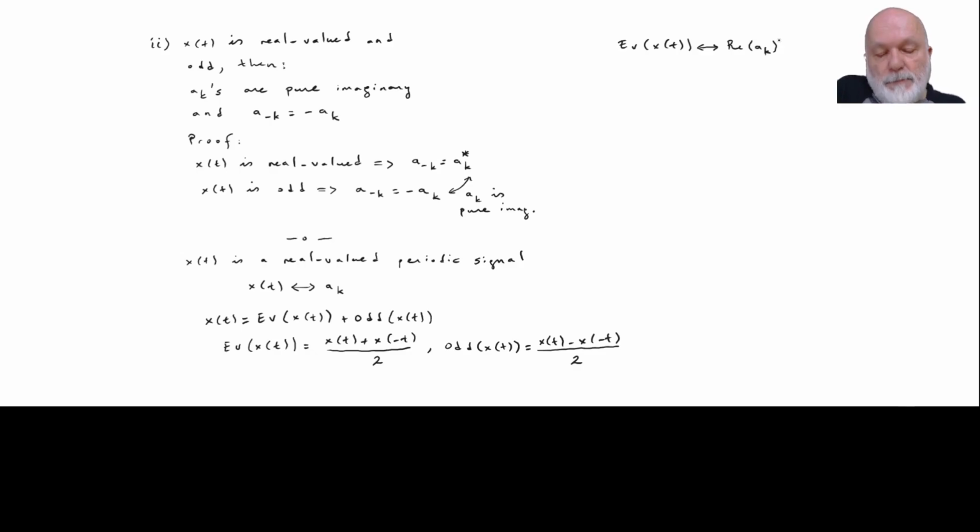So the Fourier series coefficients of the even part of x of t will be the real part of the Fourier series coefficients of the original periodic signal, and similarly the odd part of x of t will also be periodic, and its Fourier series coefficients will be j times the imaginary part of ak.